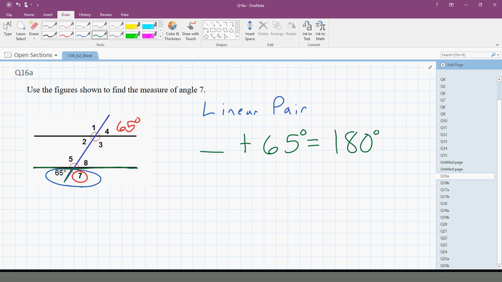Say it again. 130. No. You got to take 180 minus 65. 115 degrees. There we go.